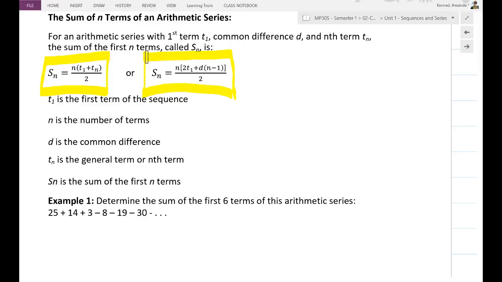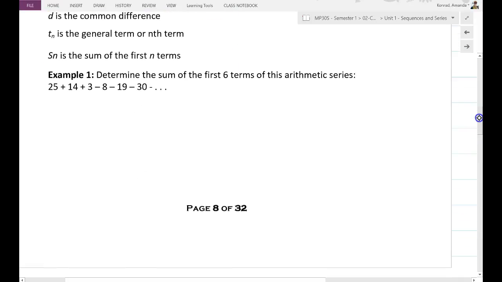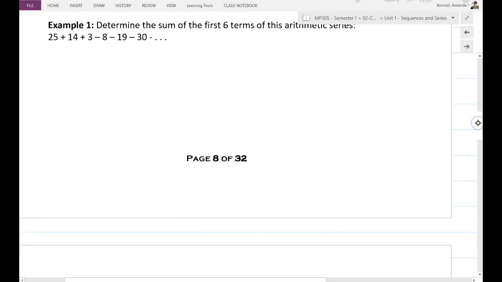So the first thing we need to do, well, if we wanted to use the second version of the equation, we would have to figure out our common difference. Our first equation, though, doesn't need the common difference, so we're going to use that one, because if we can take fewer steps to solve a question, then why wouldn't we?